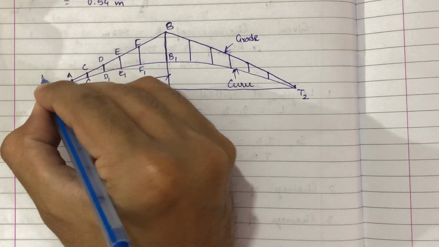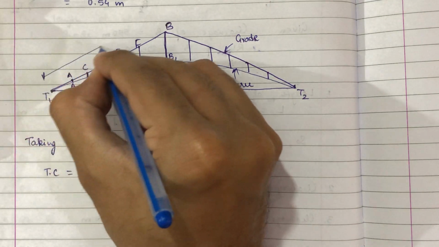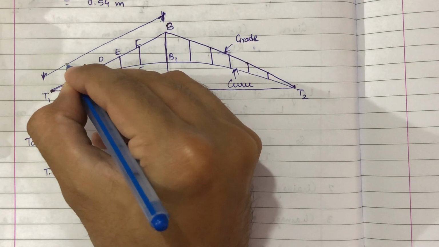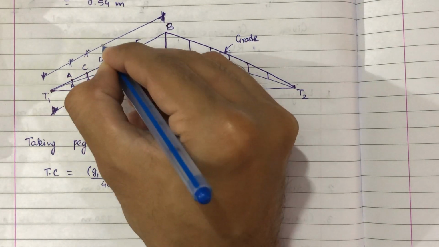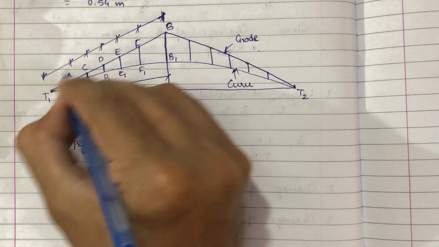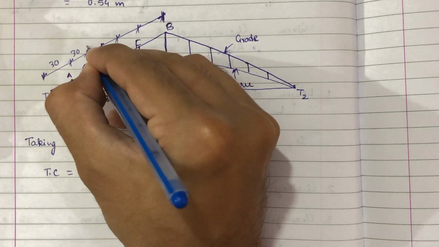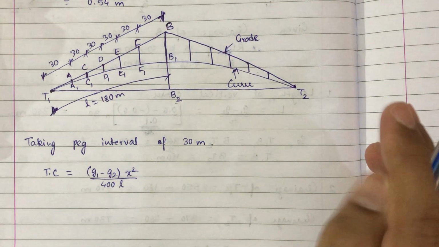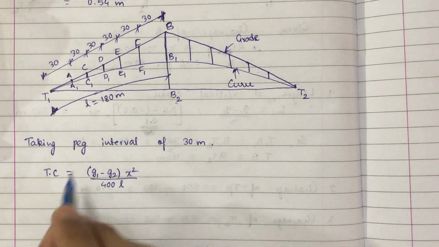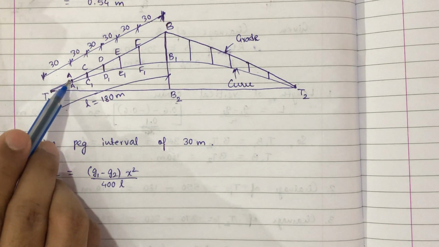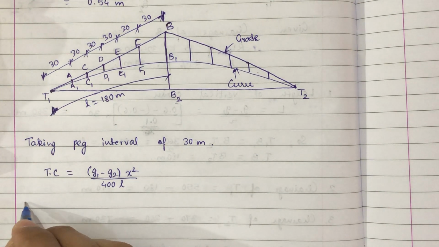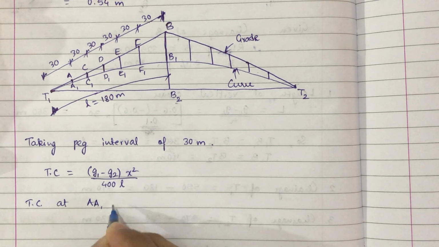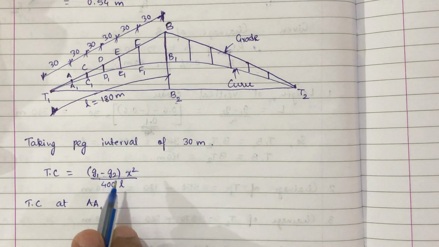Now the first interval is taken at 30. All these are at 30 meter intervals. So the tangent correction at A A1 will be equal to G1 minus G2.